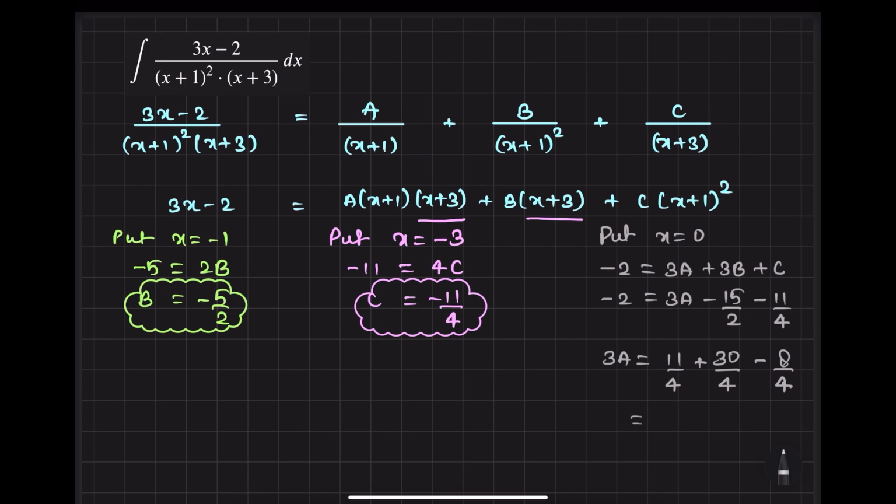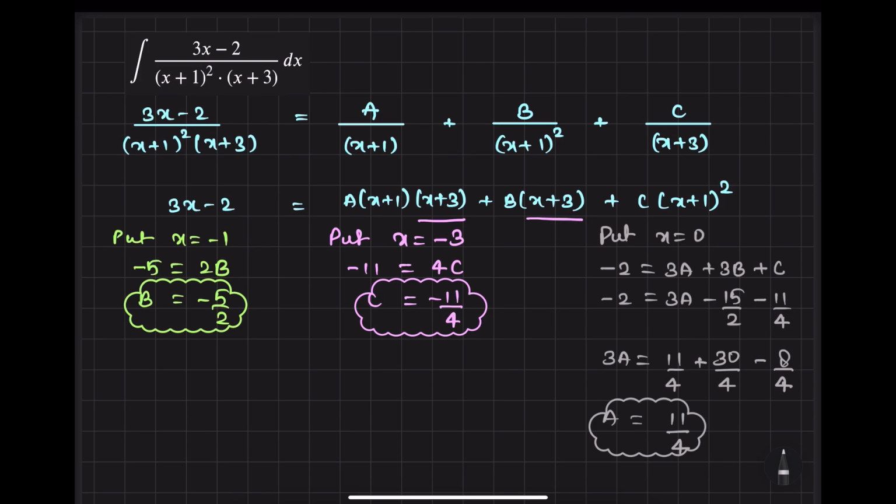Okay, so if you observe, you will have 22 and then 33. You will have 33 by 4. So a is 33 by 4? So it is 11 by 4 because it is 3 times a. So you will get the value of a as 11 by 4.